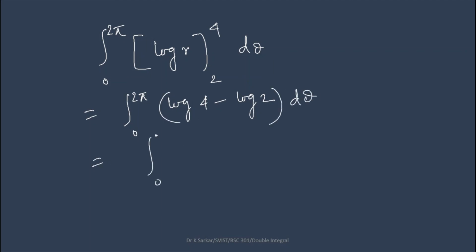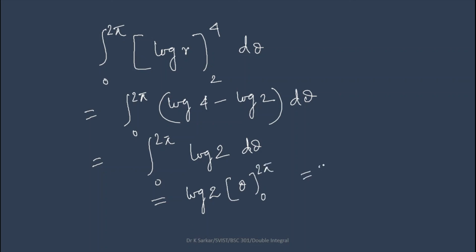If we apply the logarithm properties, then it is log 4 by 2, that is log 2, d theta. Log 2 is independent of theta, so it is outside of the integration, and integration of d theta is theta with limits 0 to 2 pi. This is 2 pi log 2.